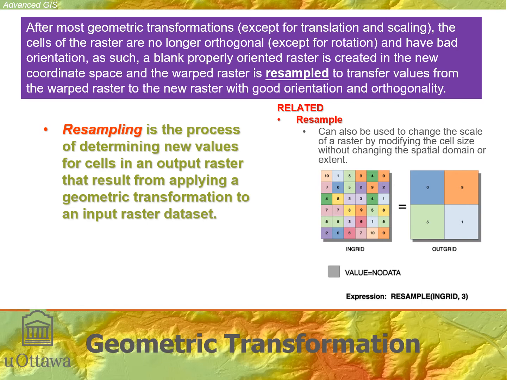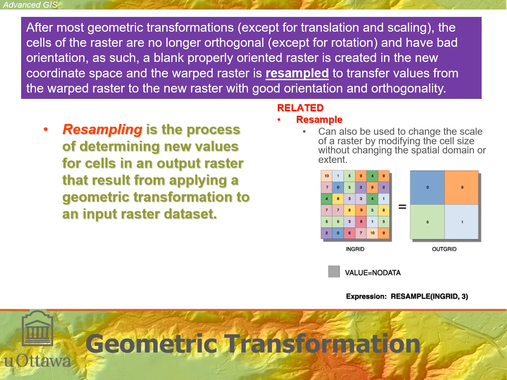Now, after that geometric transformation takes place, we will end up all the time with cells that are no longer orthogonal to each other, except for just pure rotation. But generally, whenever we're doing this, we have a combination of them, and we end up with cells that are non-orthogonal.